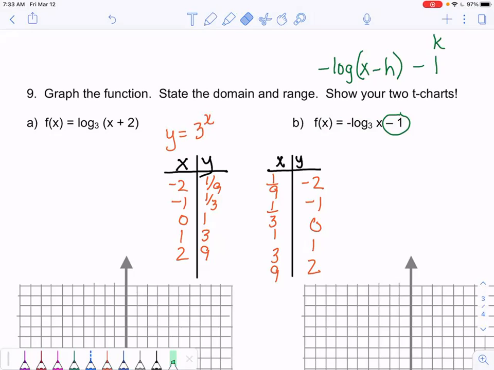So that's kind of tricky to think about. So anytime it's in parentheses, it's affecting x. If there are not parentheses, then that -1 or +2 or whatever number it is affecting y or moving it up or down. So this graph is going to go down 1.